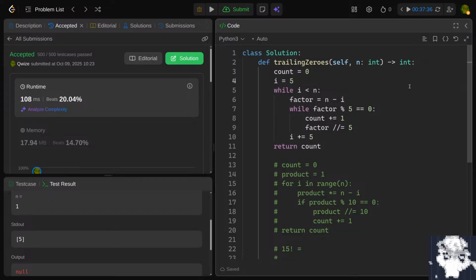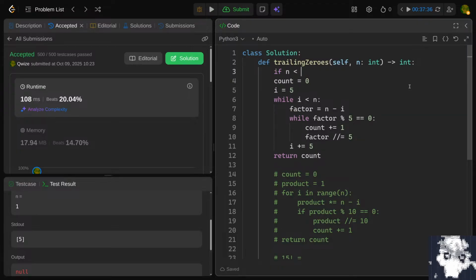Or it can't start at 0. It has to start on a multiple of 5, but now I guess I have an edge case here.